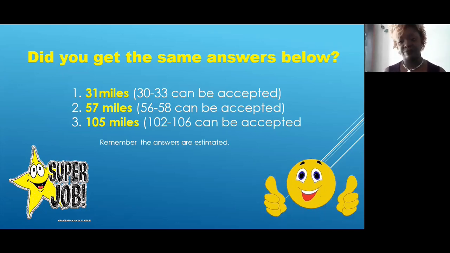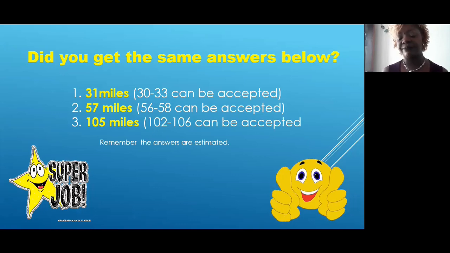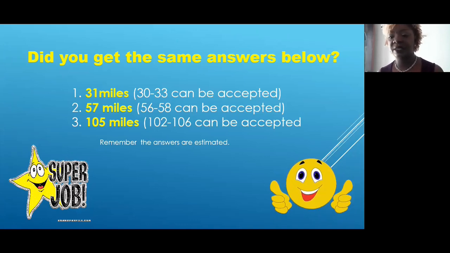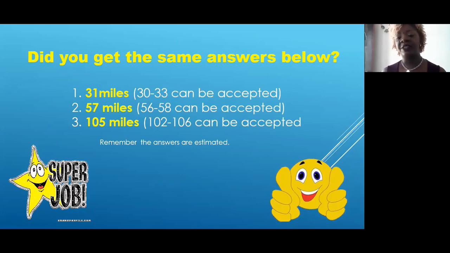That means you're right on the mark, right? And for number 3, the answer we're looking for is 105 miles, and any range from 102 to 106 can be accepted.